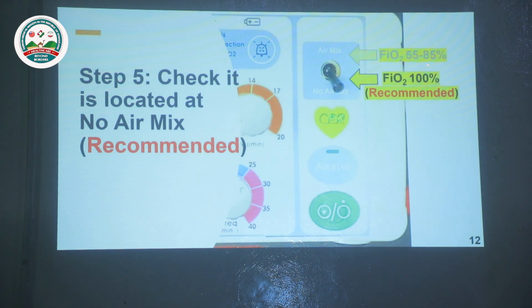This 55% applies only when you use the ventilator at sea level. If you turn to this air mix position, sometimes you don't know the exact FiO2 delivered to the patient. That's why I recommend shifting the setting to no air mix, to deliver 100% oxygen.